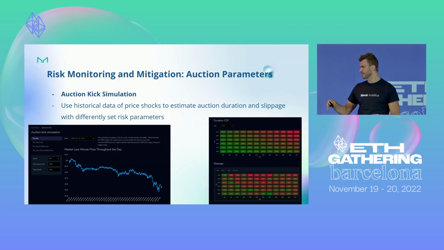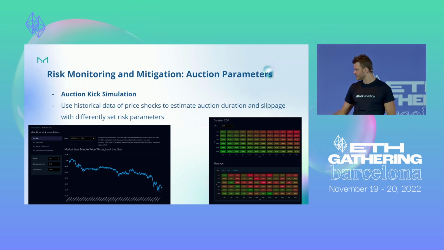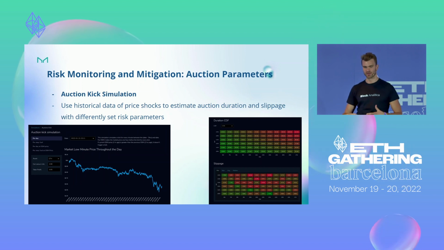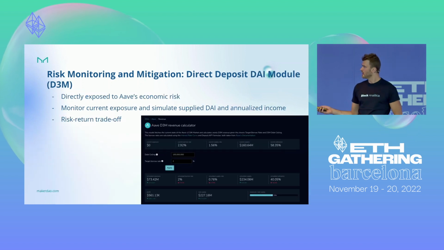Even if we don't know much about Maker's auction design, we can see that if we increase both parameters, which here are buf and the other one, then the duration increases. So that's an intuitive insight we can derive from that. But there's much more to it, and through this we can actively monitor the systems, and also surface and provide on-chain decisions.